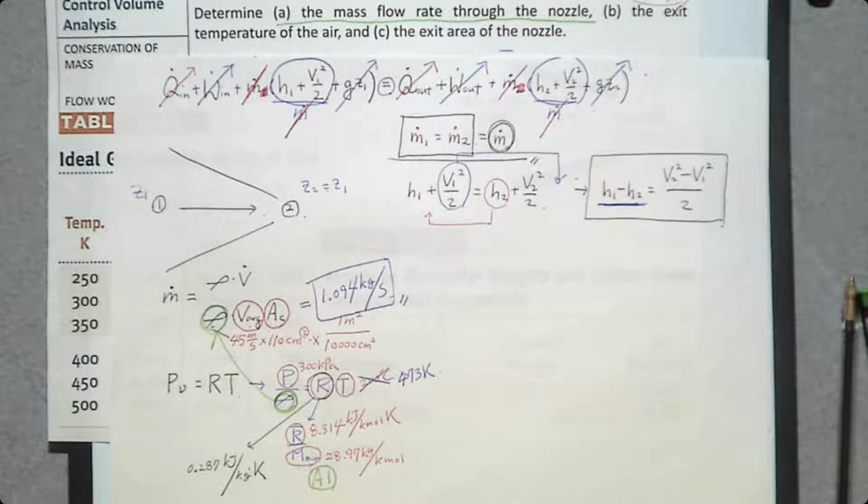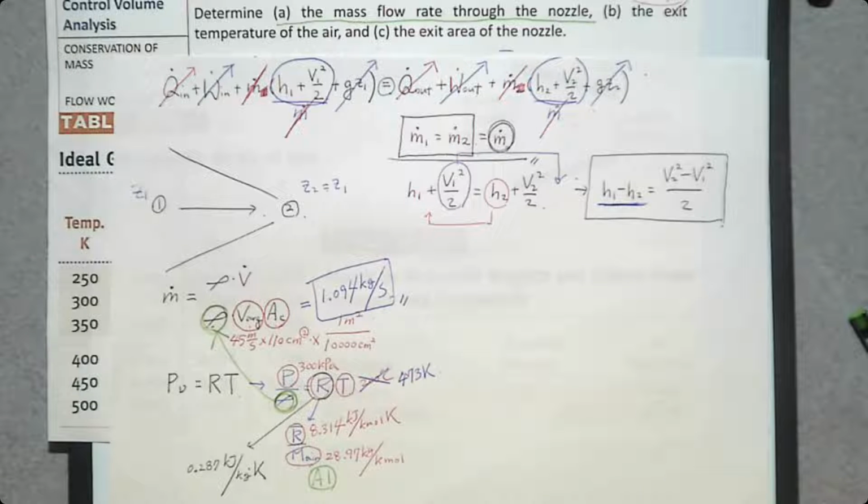You remember the last problem in your first exam. If you know two properties, then you can determine any other properties in the system. We just need to determine the phase change process and go to appropriate table to determine an unknown property. That is for a phase change material. However, this one we have air.